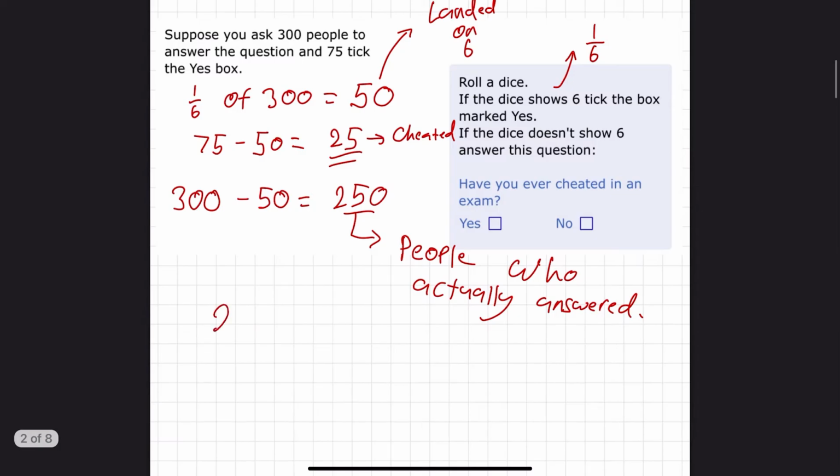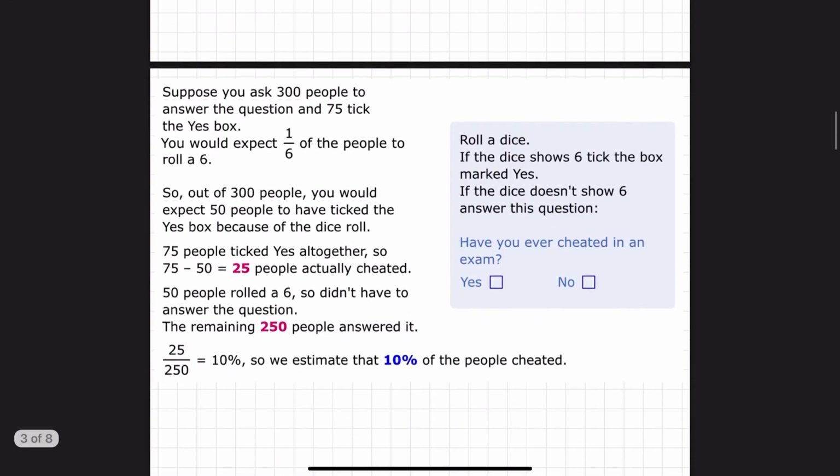So we know 25 cheated, and we know 250 people actually answered the question. They didn't just land on a 6. 25 out of 250 is exactly 10%. So from this random response technique, we have estimated that 10% of people who answered the question have cheated in an exam. So let's look at another question.